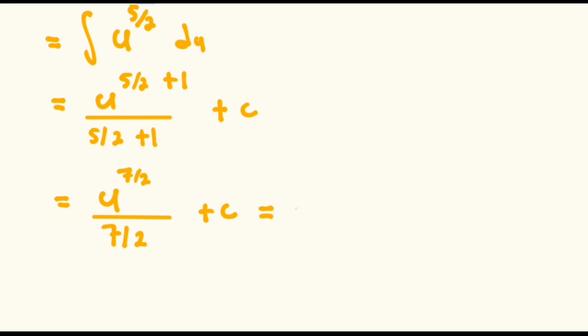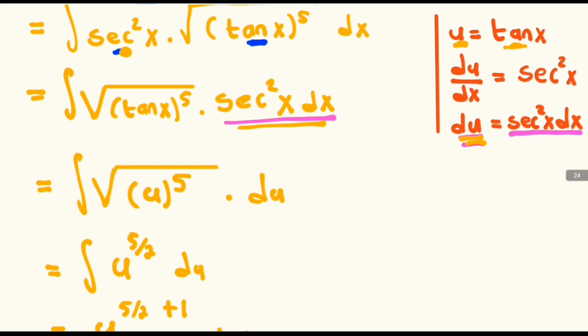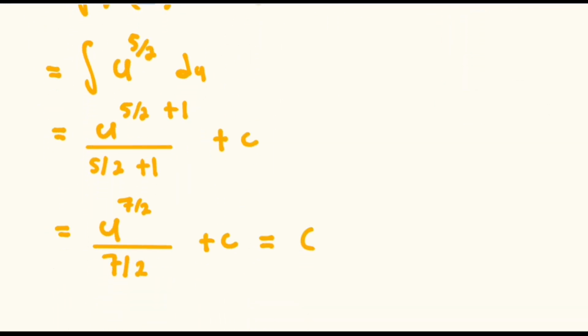And in the place of u, we substitute back tan x. So we have tan x raised to the power 7 divided by 2, divided by 7 divided by 2, plus our constant c.